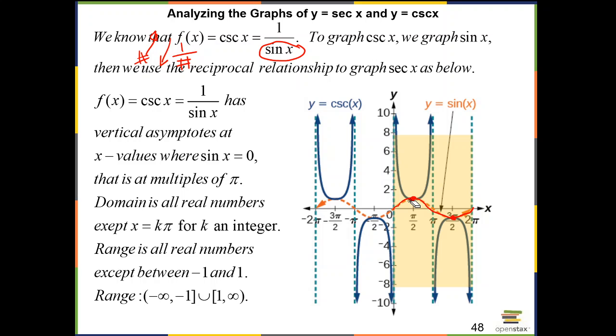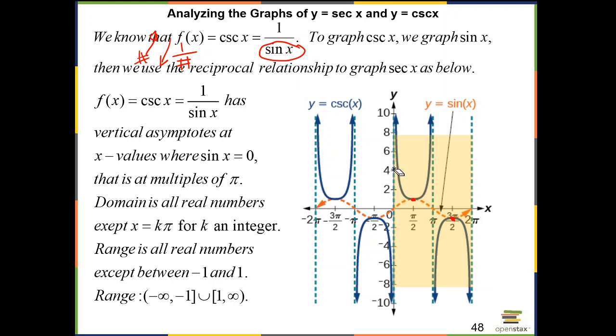So they share that point. Otherwise, if one of them increases, the other one decreases. So they share those points, and that's it.